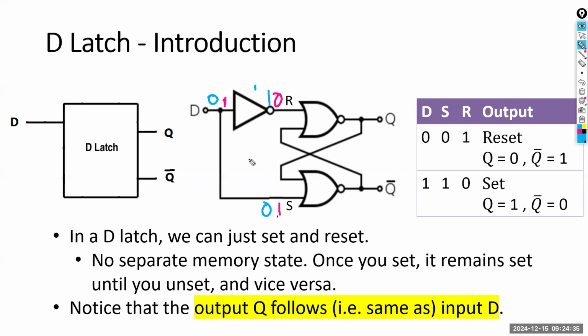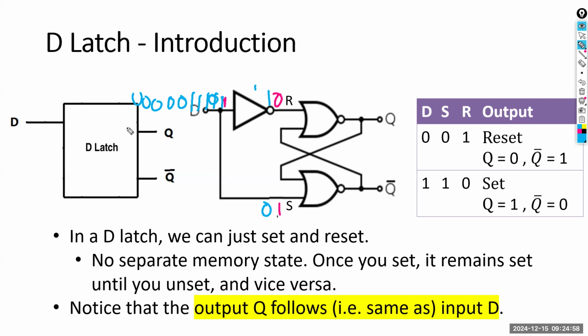But usually once we set it, we just want to keep it until we unset it. So it's not a big issue in a way, because once you set it, you can just keep that value. For example, if you want to set it, you keep that value 1 until you want to reset. Then you keep that value 0 until you want to set it.